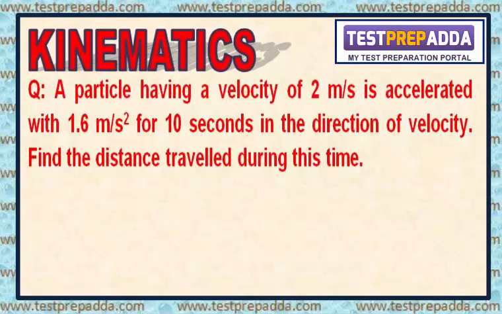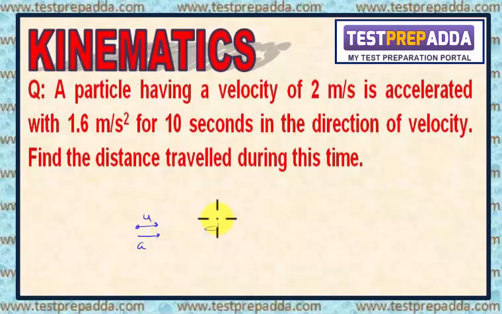Now this question says the initial velocity and acceleration both are in the same direction. So this question actually belongs to case 2 which we discussed in this session. So here we can simply say that the magnitude of the displacement is equal to the distance traveled during the given time.